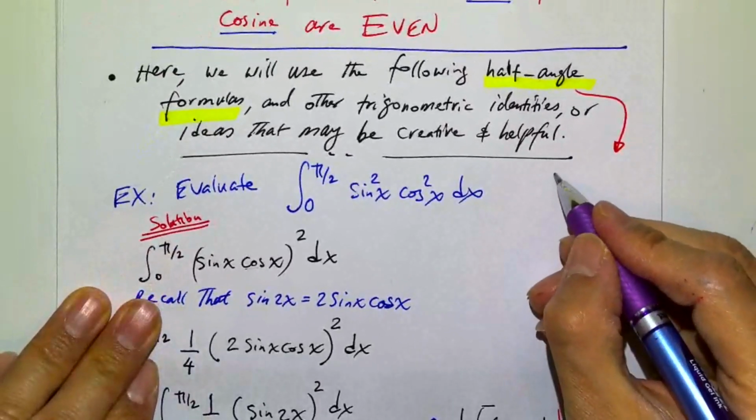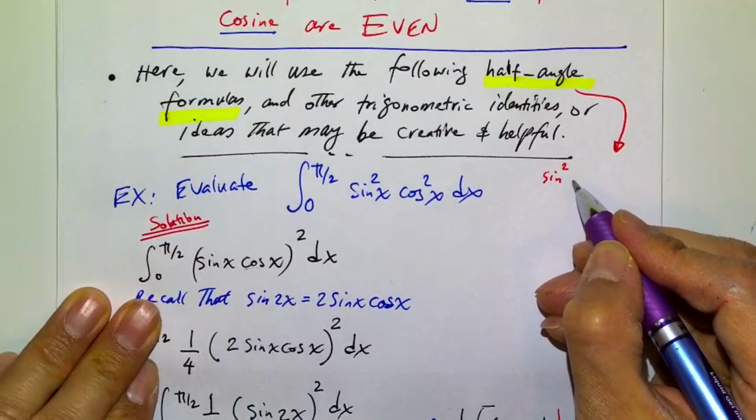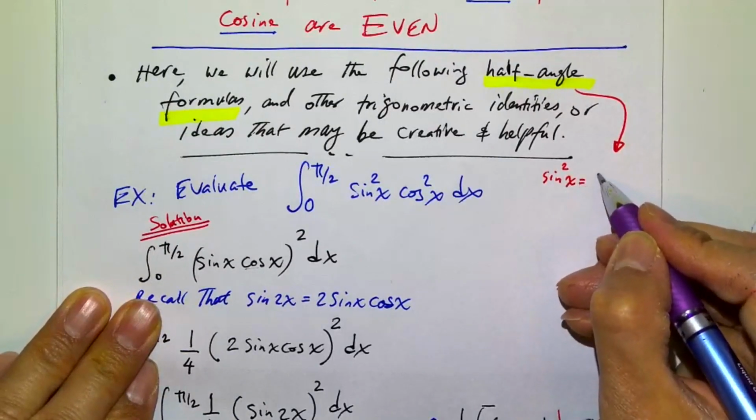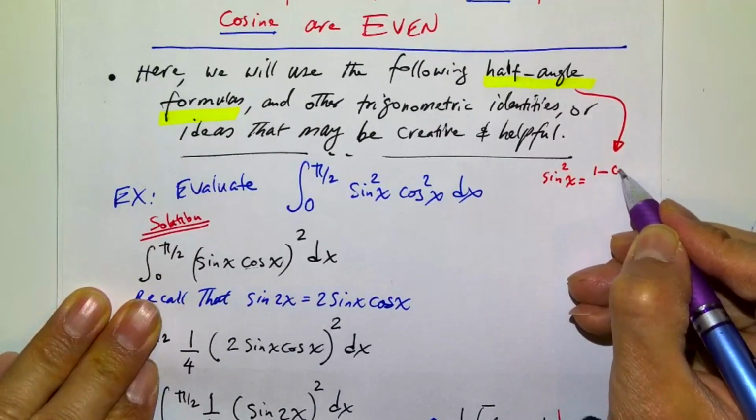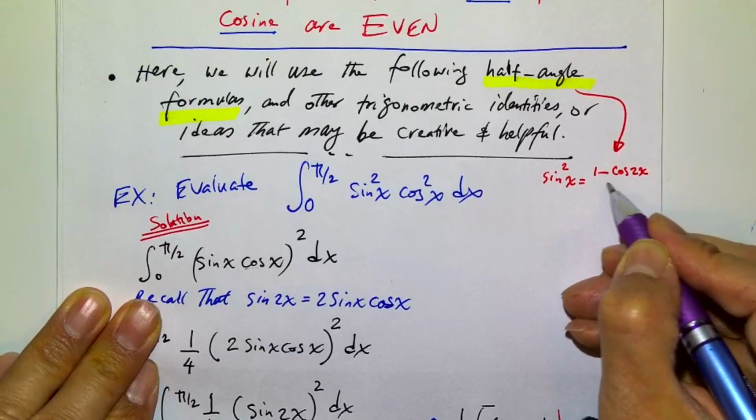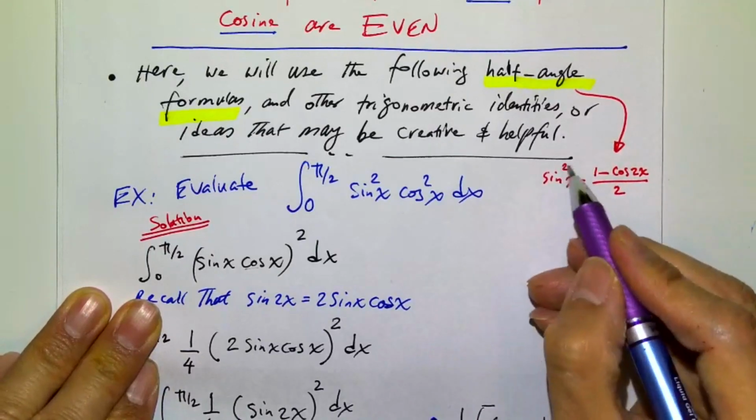So for sine squared x, that is equal to 1 minus cosine 2x over 2.